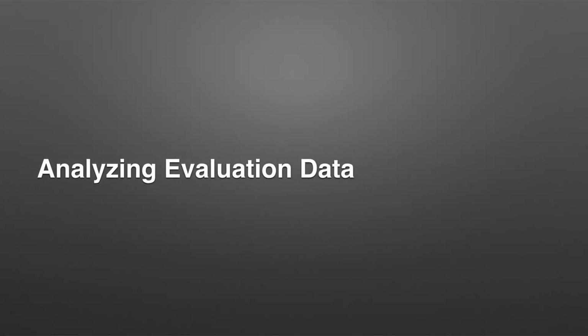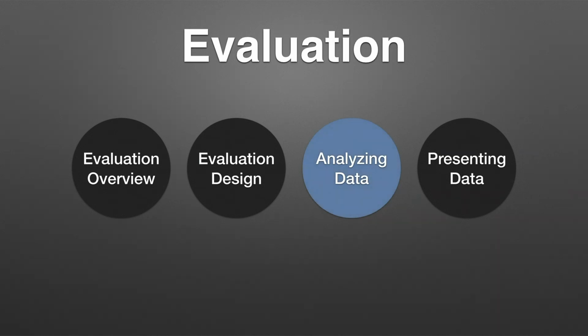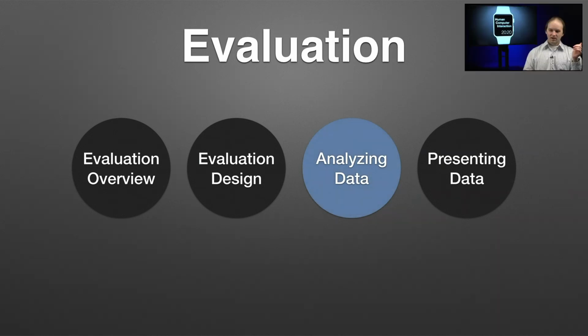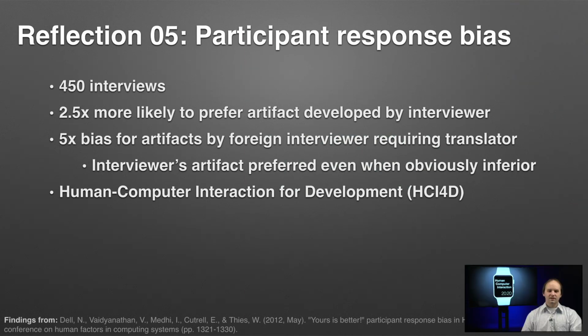So today we're going to talk about analyzing data and get started. We'll talk a little bit about the reflection that you just did about participant response bias. I've read through the discussion post this morning, and you had some really good insights from this paper.